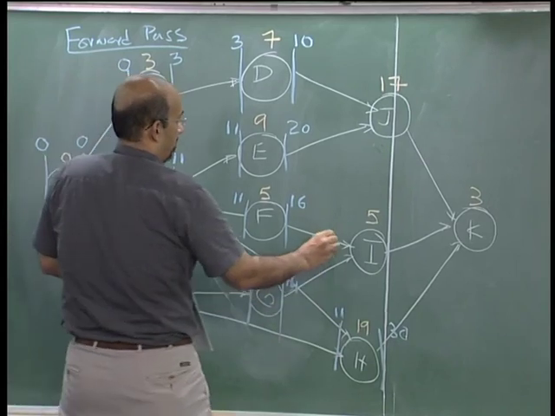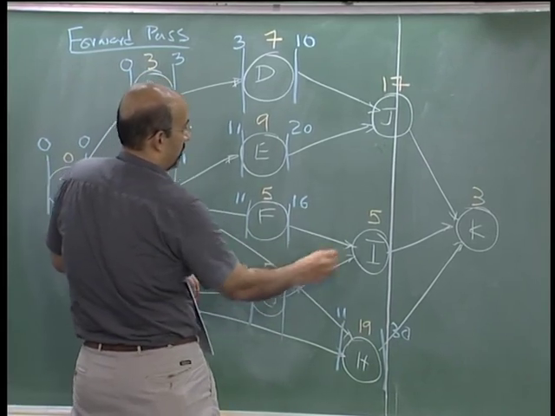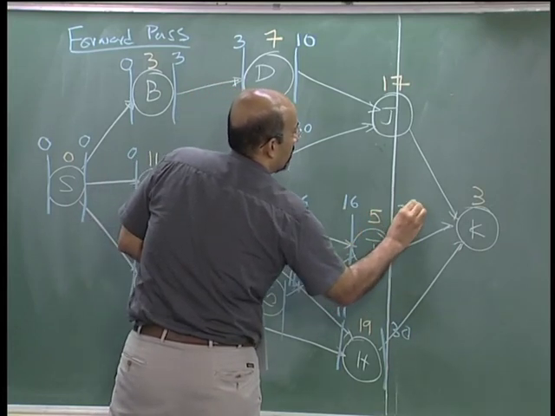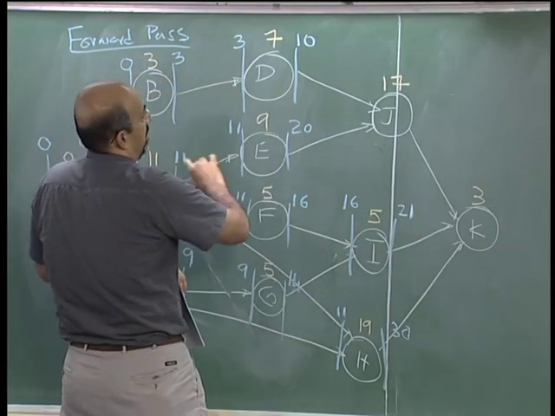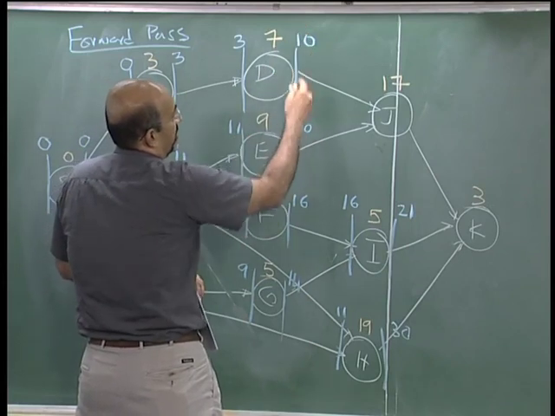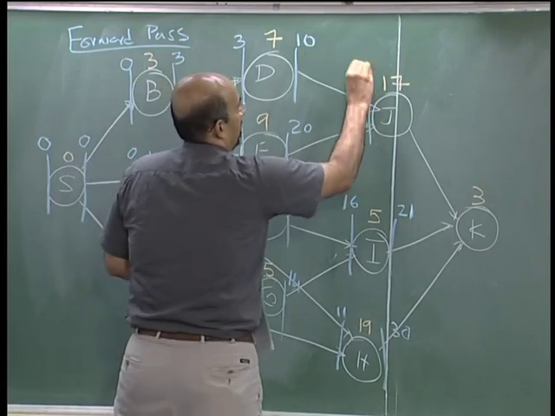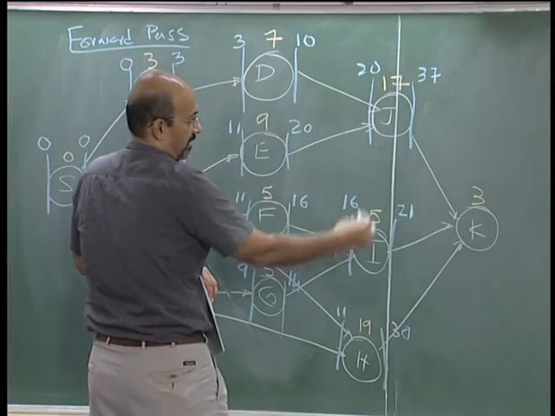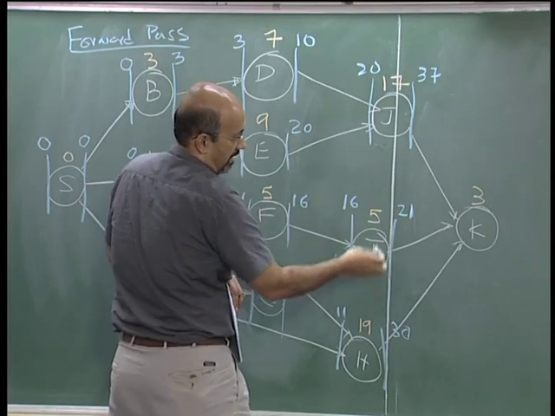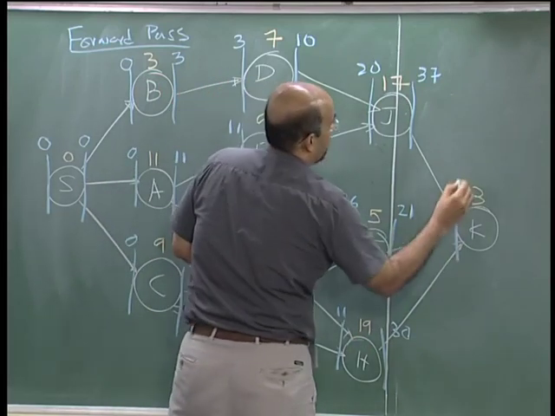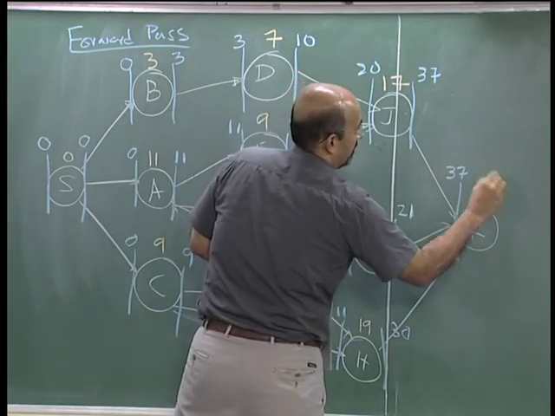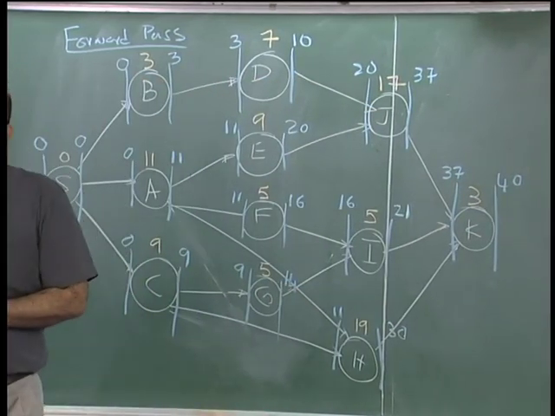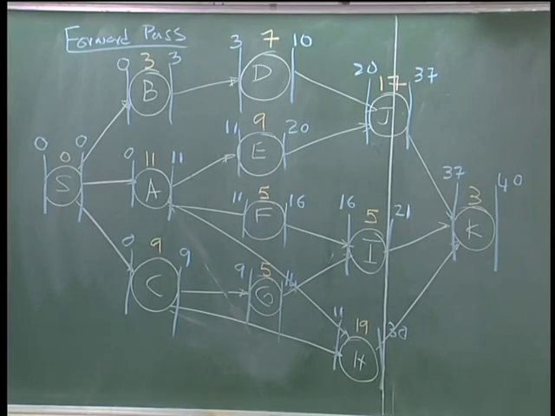Now we come to I. We have 16 and 14, so 16, 21. Now J has two predecessors. One finishes at 10, the other at 20. We take 20, so 20, 37. K has three predecessors, J, I, H, and we would expect it to take the later value 37, finishes at 40. So the project duration is 40 days.